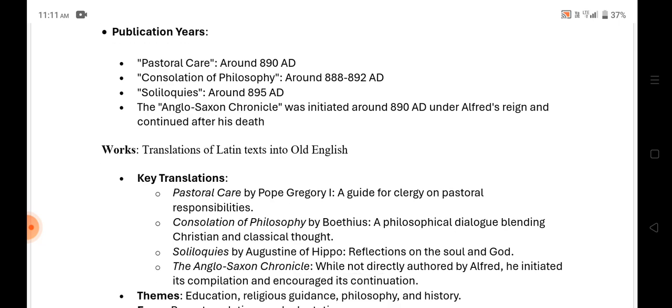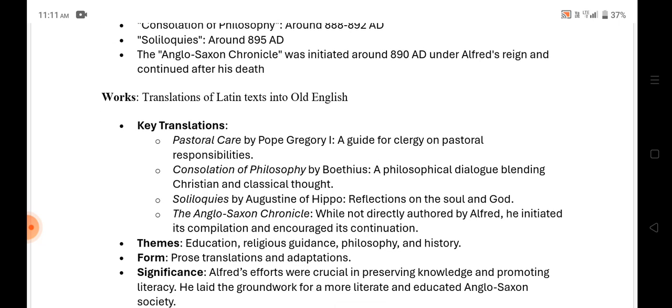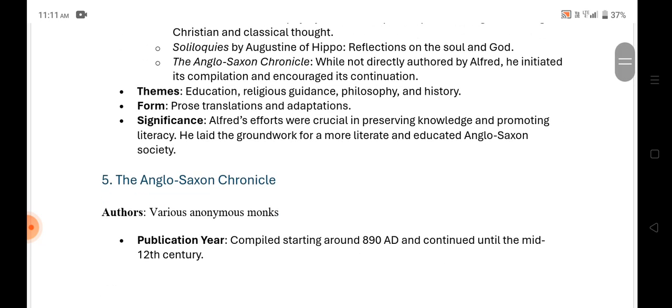Translation of Latin texts into Old English, he also did. Themes are of education, religious guidance, philosophy and history, and forms are of prose, translation and adaptation.